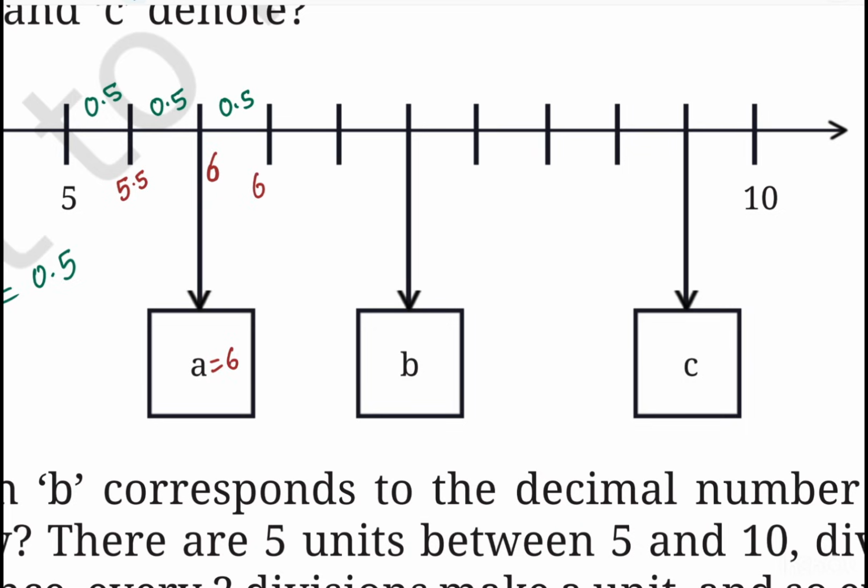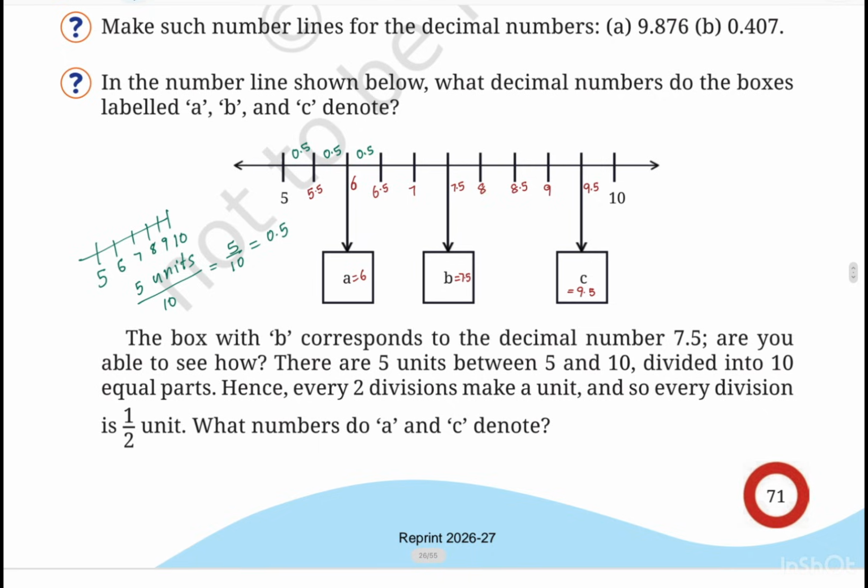Then 6.5, 7, 7.5. So B is equal to 7.5, then 8, 8.5, 9, 9.5. So C is equal to 9.5. So we have got all of A, B and C.